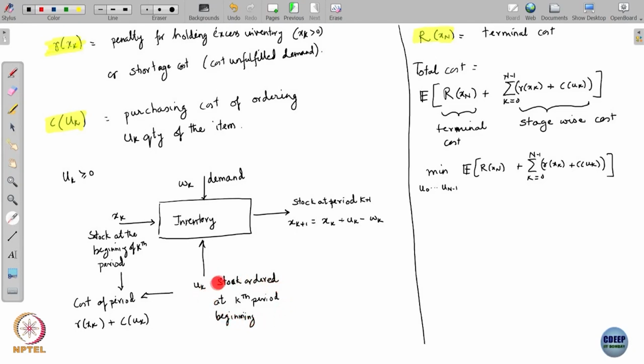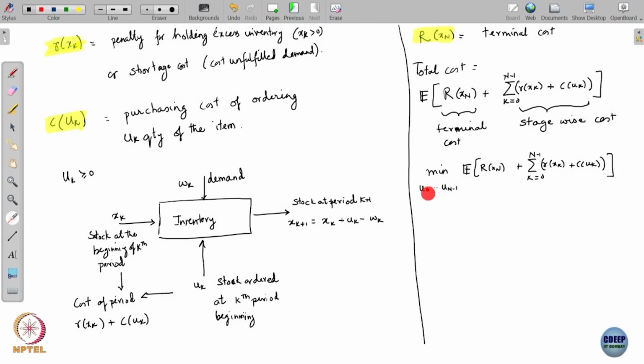The trouble with writing this here is that these quantities are to be decided based on the inventory level that we would see at the beginning of the time period. So, uk is the stock to be ordered at the beginning of the kth period, and that would obviously be decided once you look at the inventory at the kth period. And that inventory would depend on what demand has transpired up to that time from the start of the first period, right.